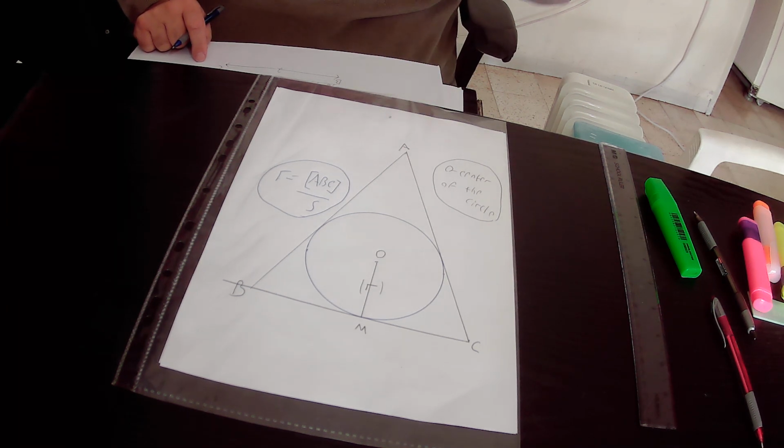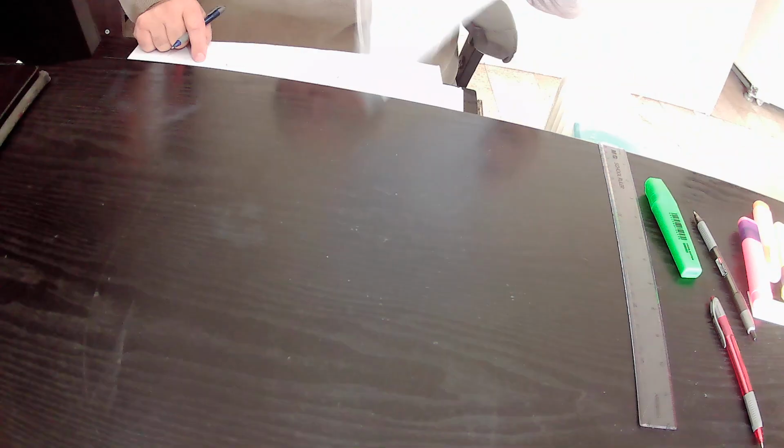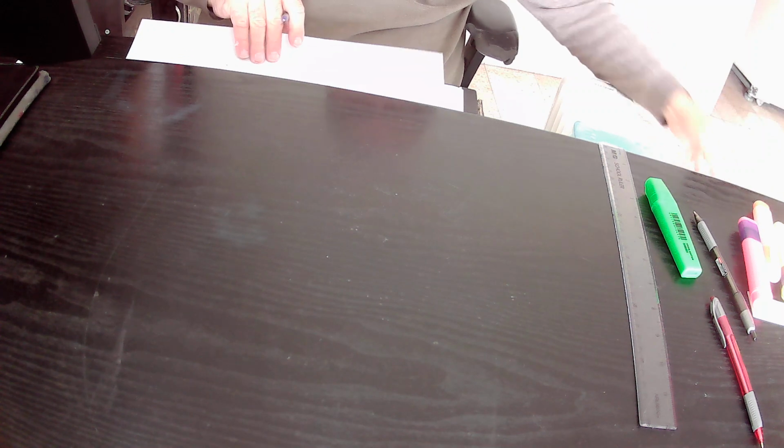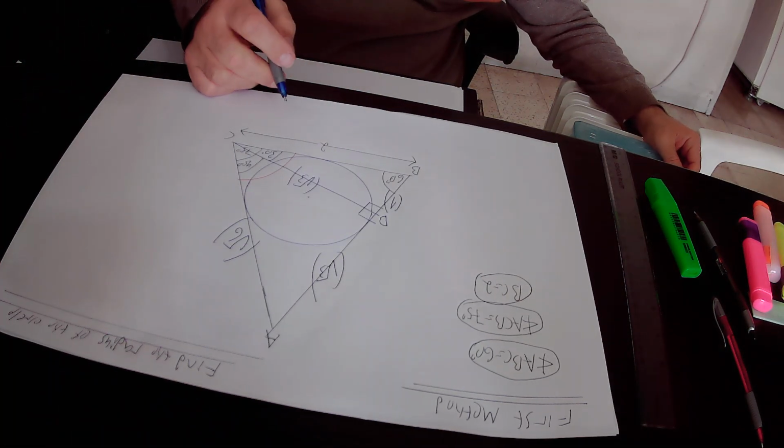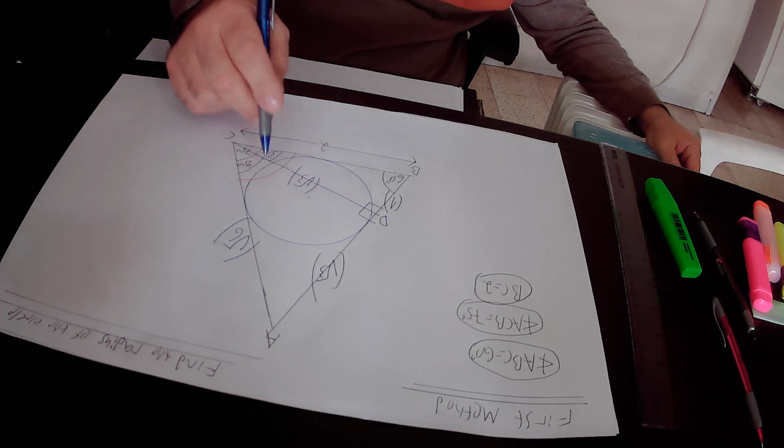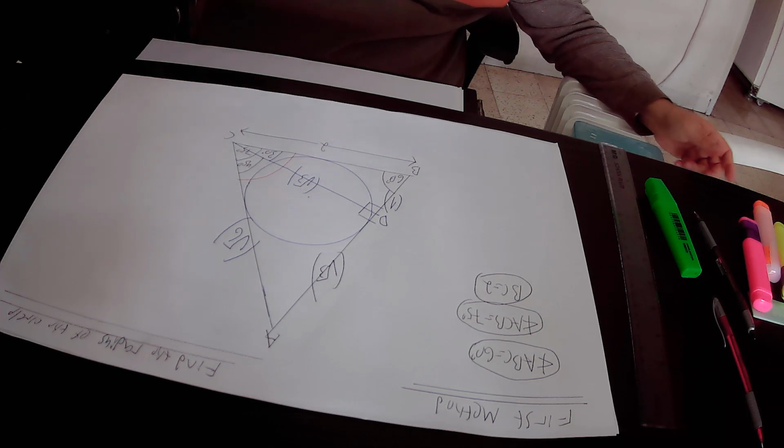We can implement rule number 15 in our drawing, because in our drawing we also have a triangle ABC in which the circle is inscribed. For that reason, whenever we have a circle that is inscribed in a triangle, you can implement rule number 15.